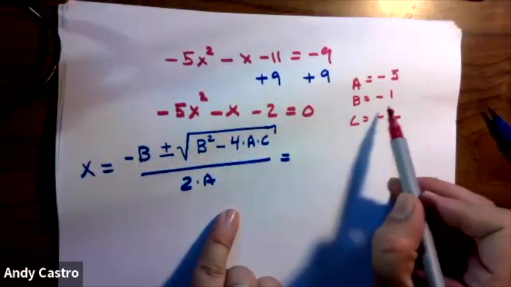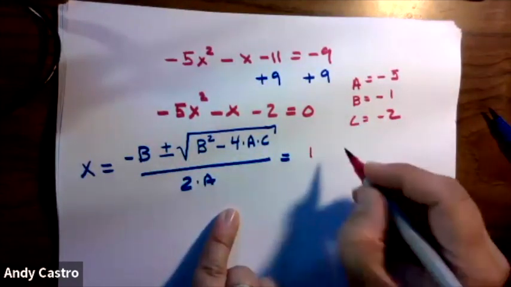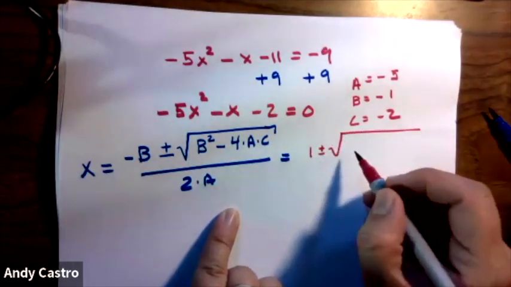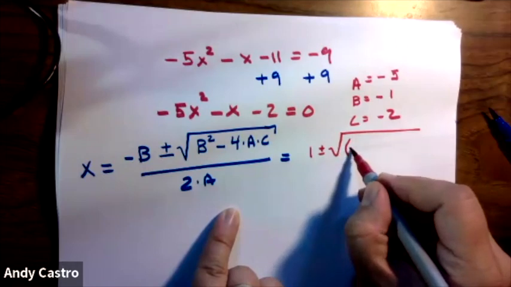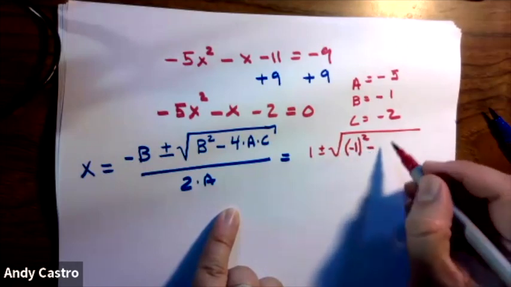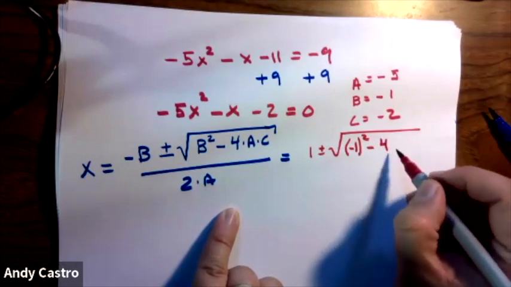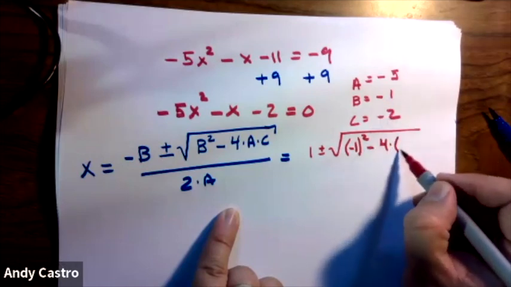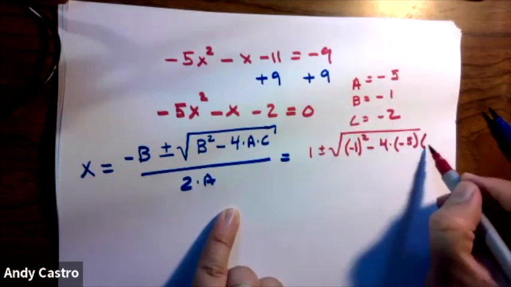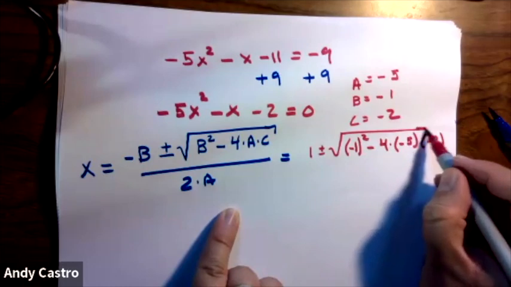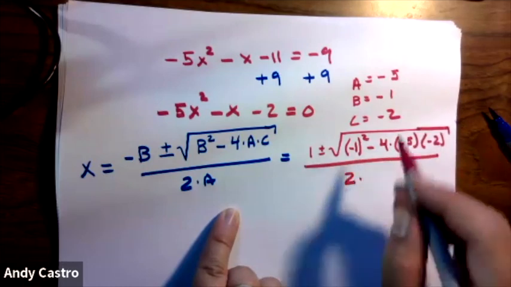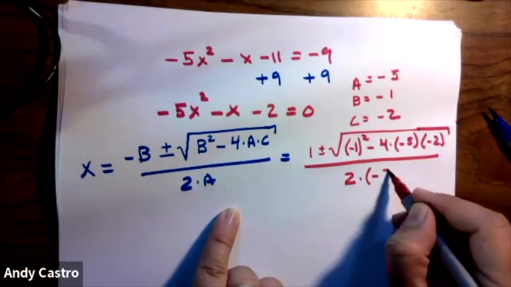So the opposite of B is positive 1 plus or minus the square root of B squared. So that's negative 1 squared minus 4 times A, that's negative 5, times C, it's negative 2. All divided by 2 times A, which is negative 5.